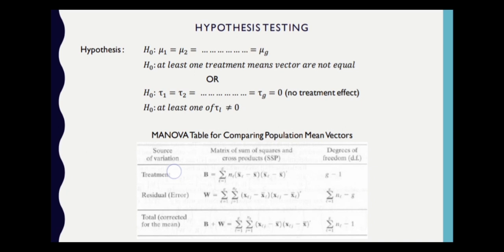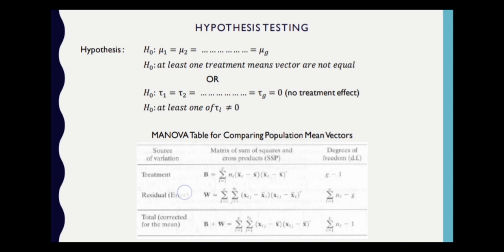Okay, so the hypothesis testing sama macam univariate ANOVA, but it should be bold. Sepatutnya kat sini should be bold. The mu1 bold equal to mu2 bold equal to mu-g bold equal to 0, or at least one treatment mean vector is not equal. Sebelum ni at least one mean not equal kan, right?